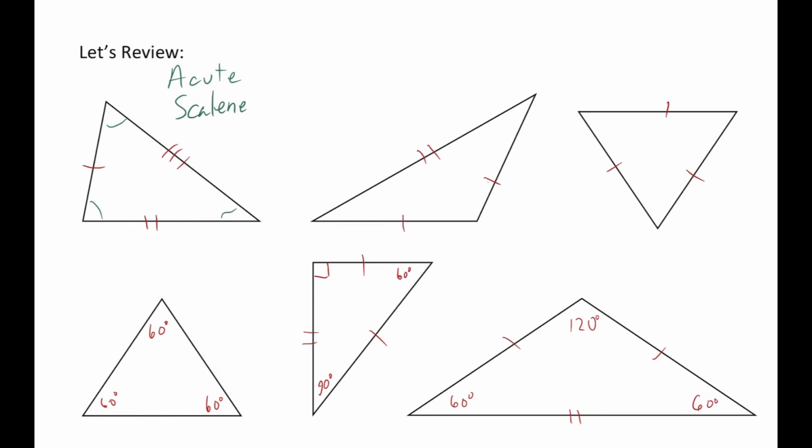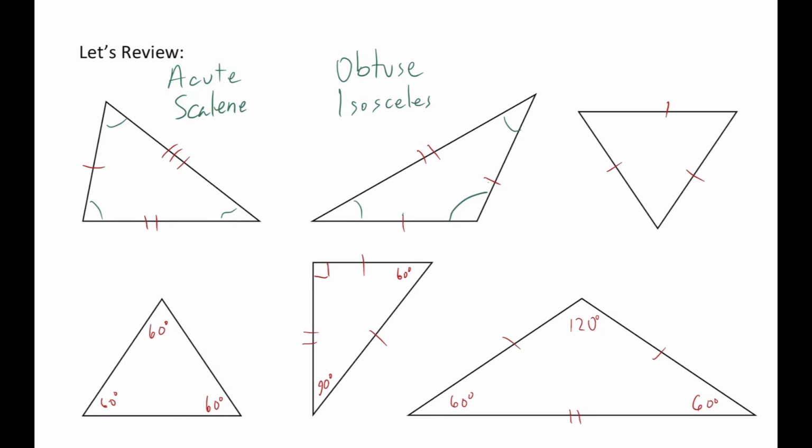Looking at the second one, I have 2 that are the same, 1 that's different. So I know that by the side lengths, I can call this an isosceles triangle. But then looking at my angles, acute, acute, ooh, look at that, there's an obtuse. So because I have 1 obtuse angle, this is an obtuse isosceles triangle.